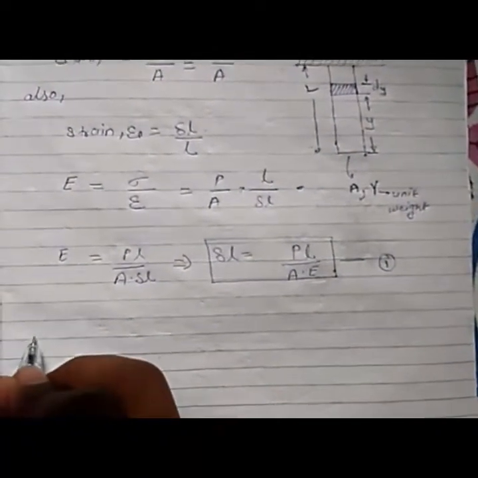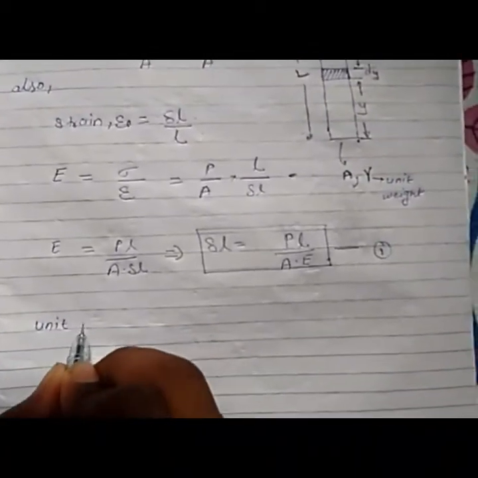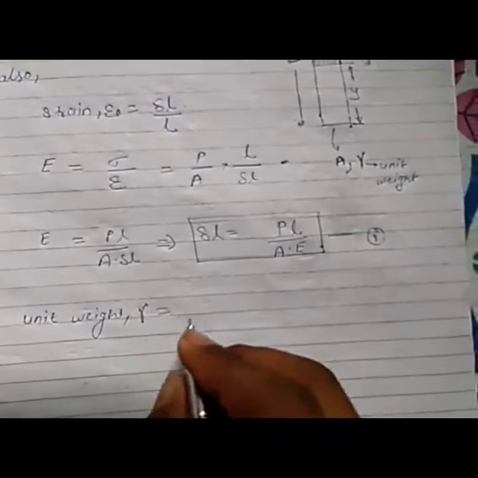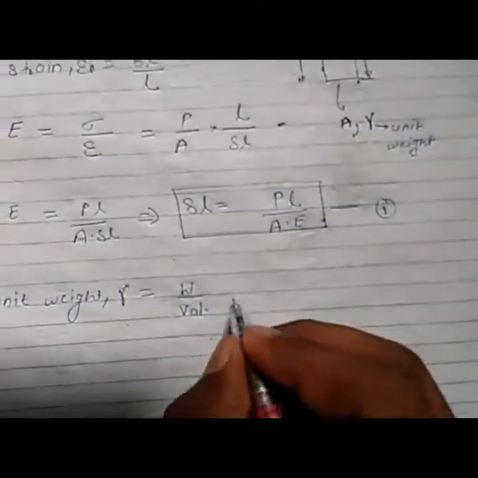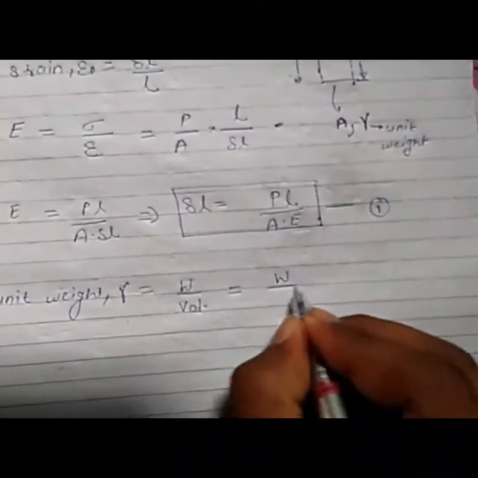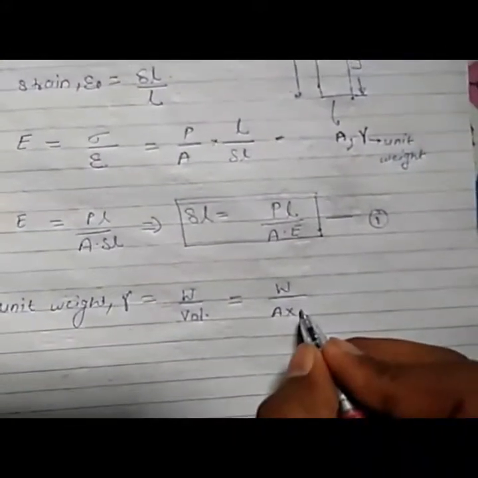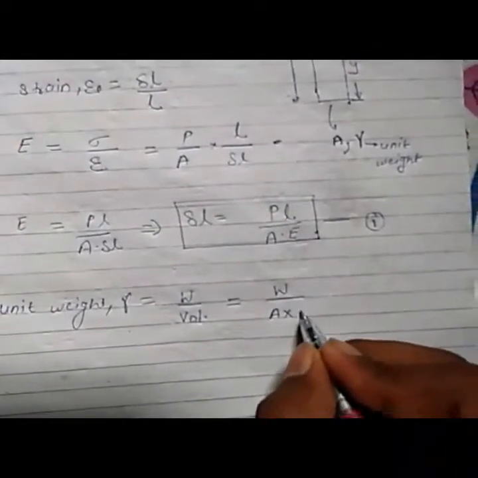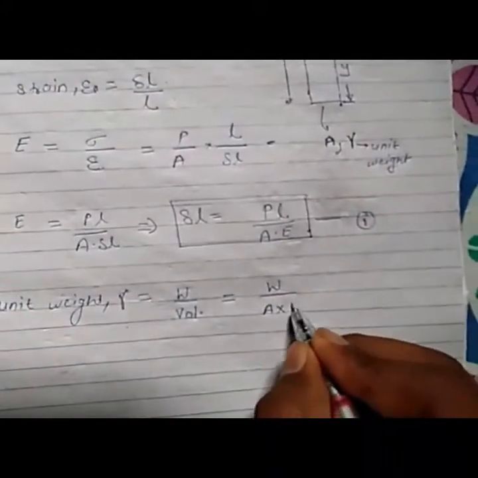As we know from the definition of unit weight, gamma is equal to weight upon volume, and the volume equals area multiplied by the length.